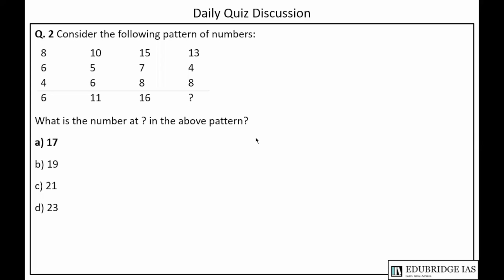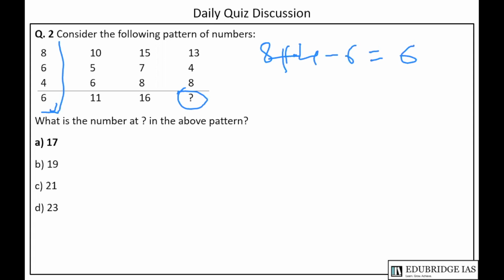Next question is, this pattern is given and we have to find out what the value will be here. If we look at this first column carefully, we see the pattern 8 plus 4 minus 6, so it will come out to be 6.